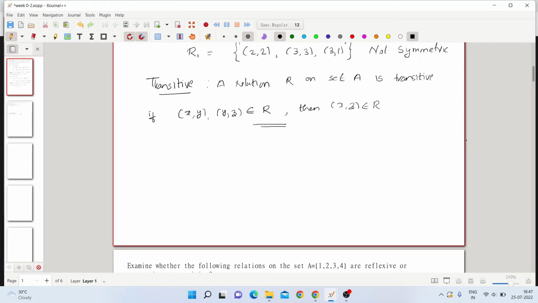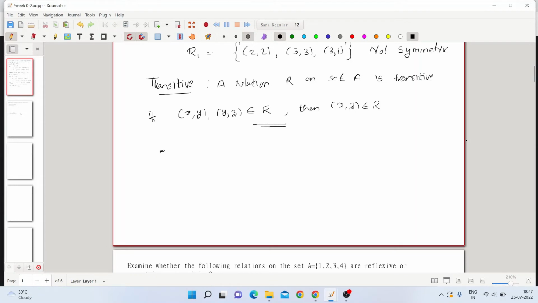Now let us see one simple example again for the transitivity condition. Suppose A is the set {1, 2, 3} and I am taking the relation R as {(1, 2), (2, 3), (1, 3)}. In order for R to be a transitive relation, since (1, 2) and (2, 3) are there, (1, 3) should be there, right? This is clearly a transitive relation.